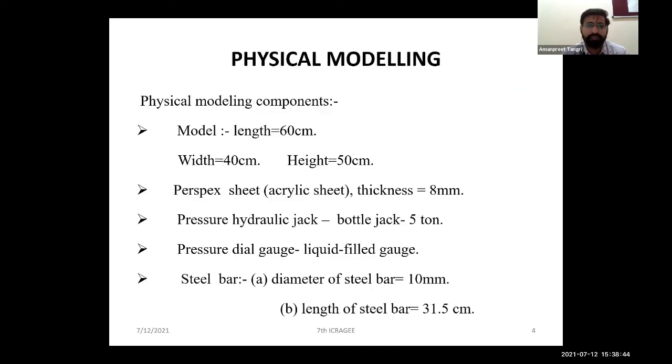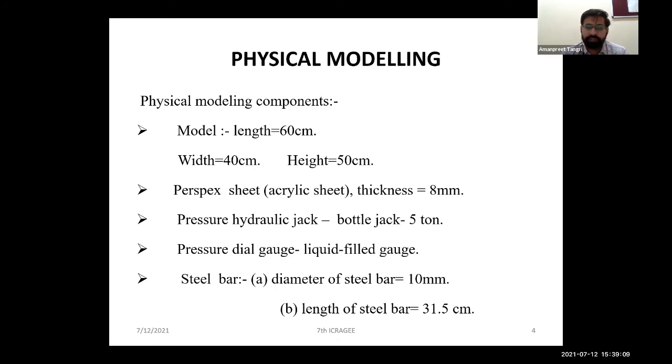For the physical model which I had prepared, the dimensions were as follows. Length was taken as 60 centimeter, width 40 centimeter, and height 50 centimeter. It was prepared using a perspex sheet, or what we call an acrylic sheet, whose thickness was 8 mm. For the application of load on the soil, I have taken a water jack whose capacity is 5 ton.